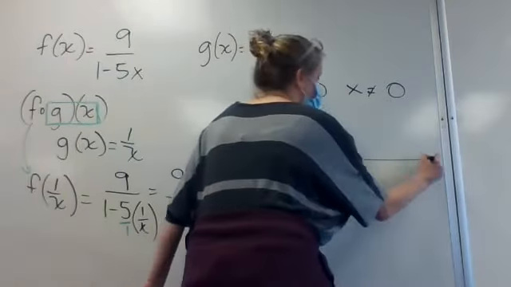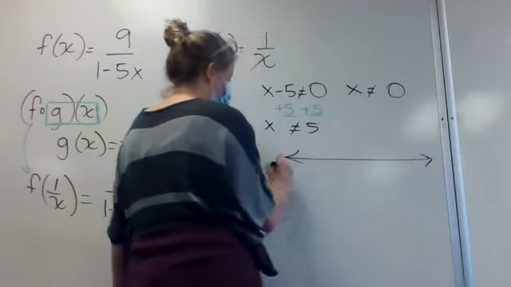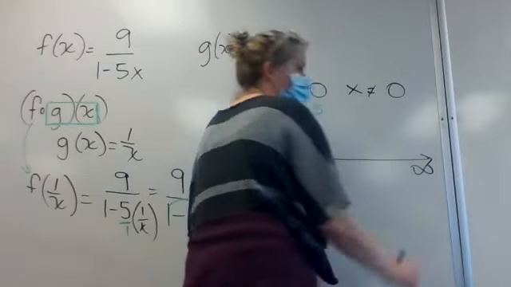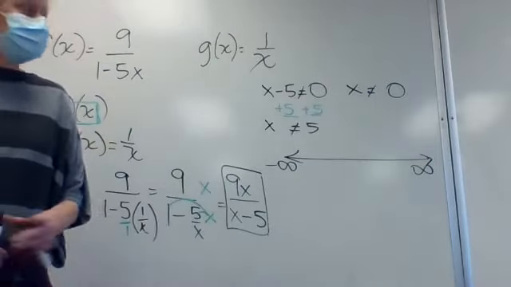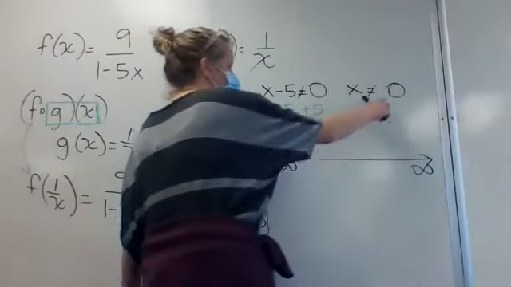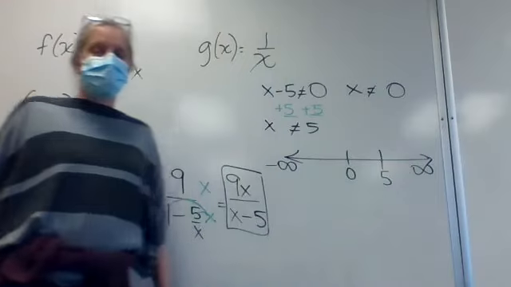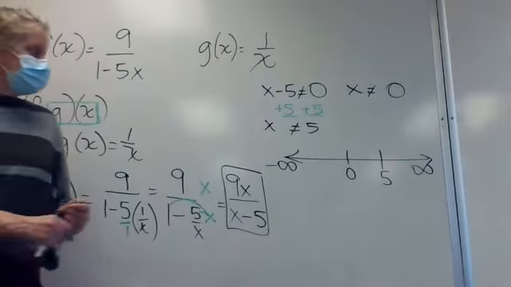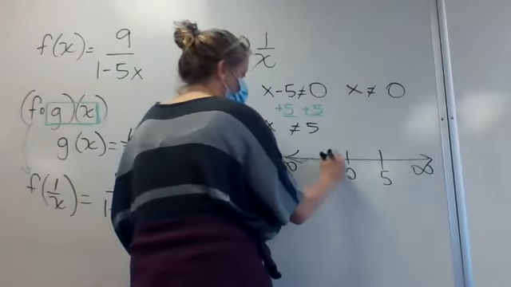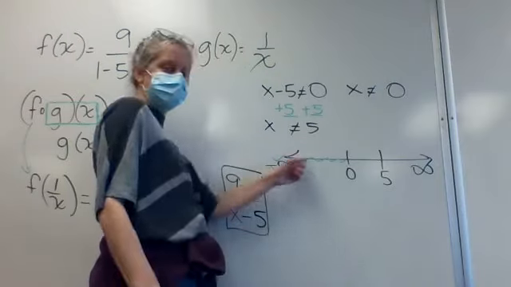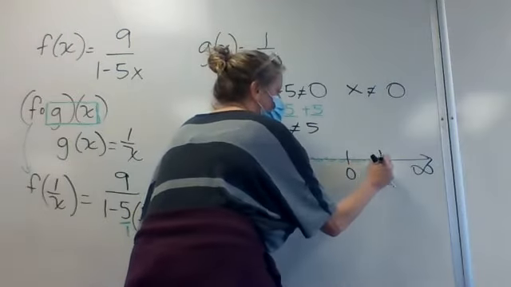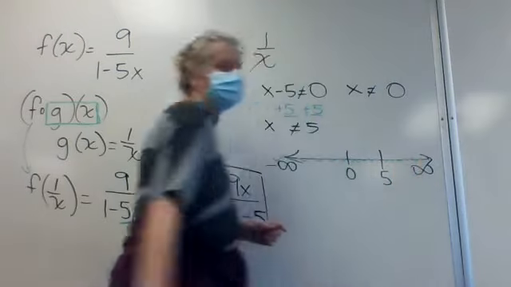It is multiple choice, but it's going to give us this domain in interval notation. Put the numbers that X can't be on the number line. 0 would be here. 5 would be there. So there's 3 separate intervals. Those numbers, then the numbers between 0 and 5, and then the numbers above 5.